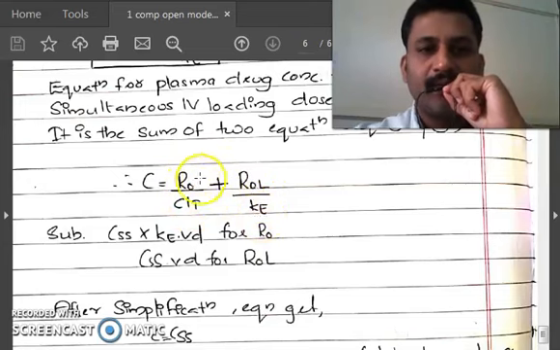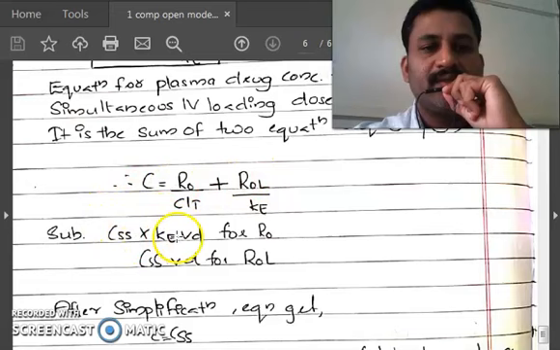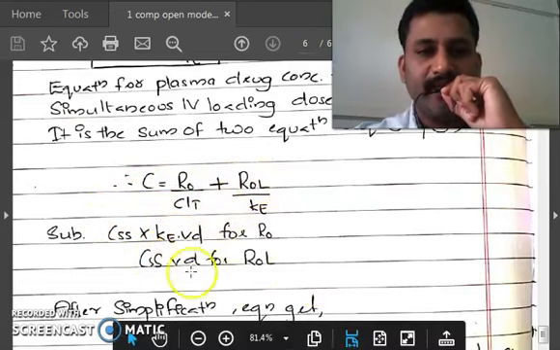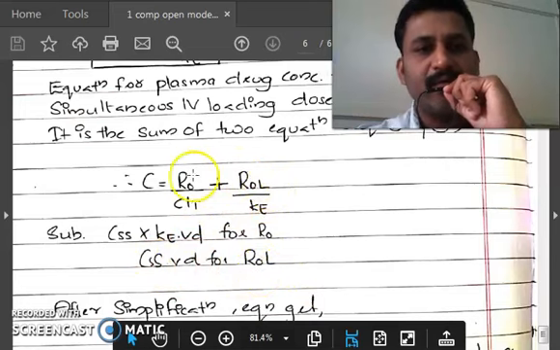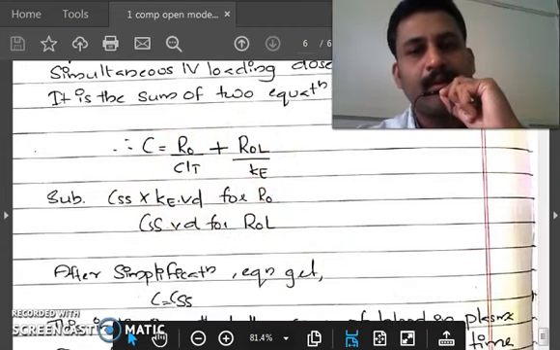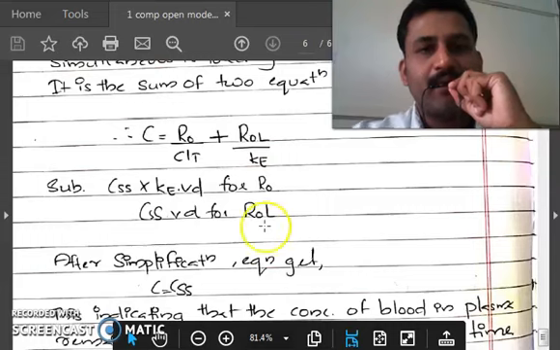Both equations are almost the same, but to differentiate we have given this L. This is for the loading dose. Then we will substitute for R0 with CSS into KE into VD, and for R0L with CSS into VD. We will directly substitute.